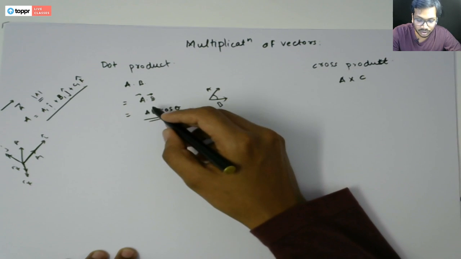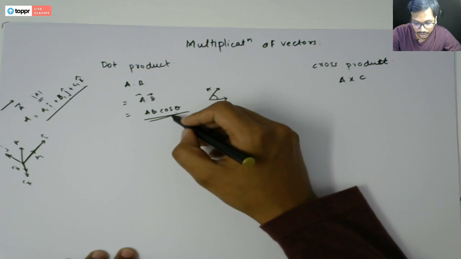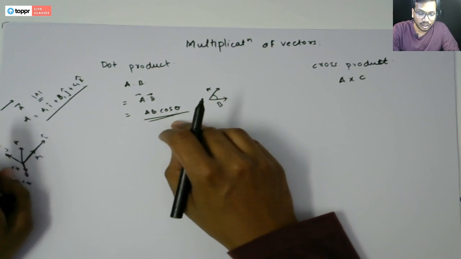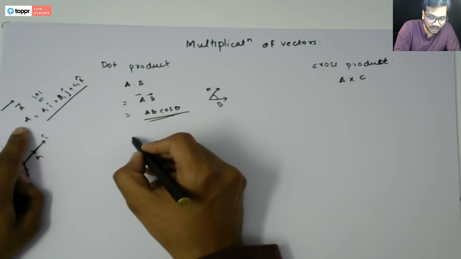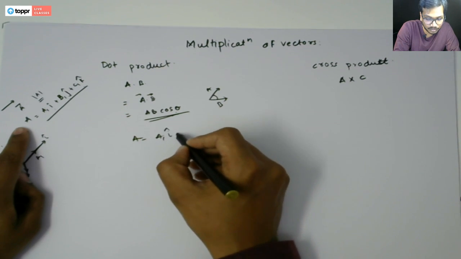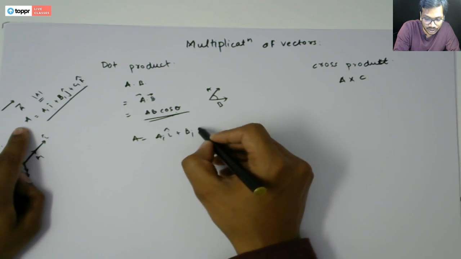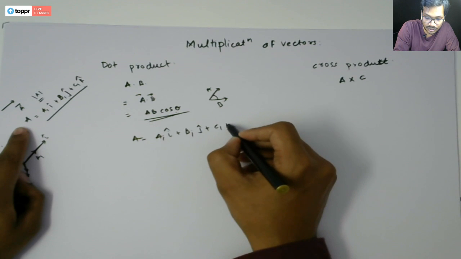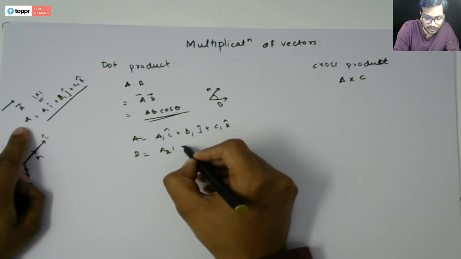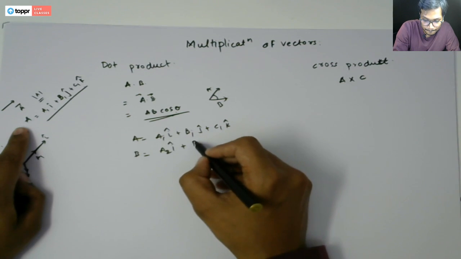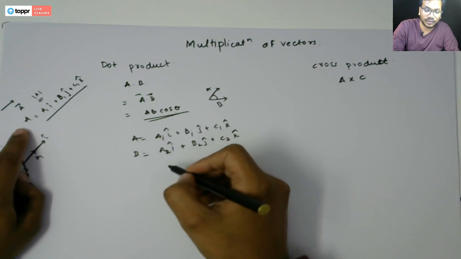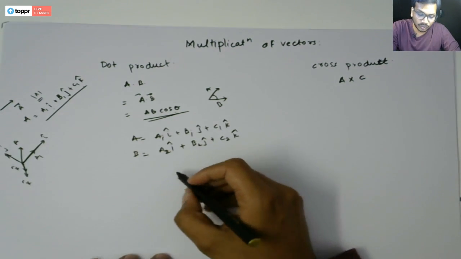You would do magnitude of a multiplied by magnitude of b multiplied by cos of theta, the angle between them. And if the vectors were in this form, let's say a is given by a1 i cap plus b1 j cap plus c1 k cap, and b is given as a2 i cap plus b2 j cap plus c2 k cap, how would we do the dot product?